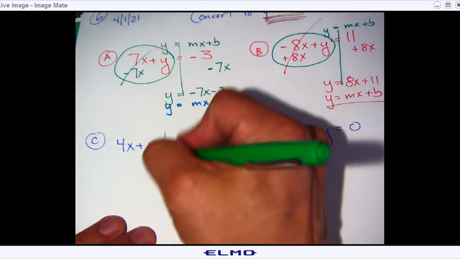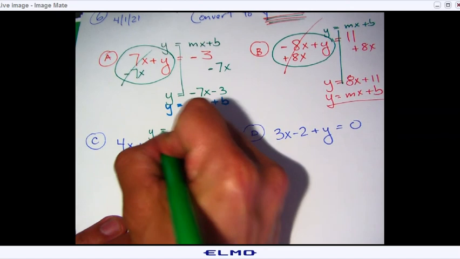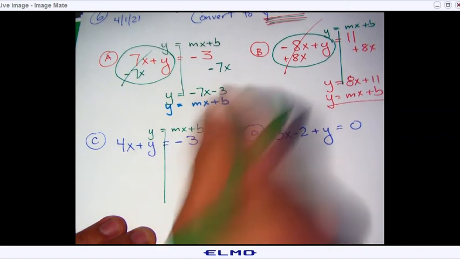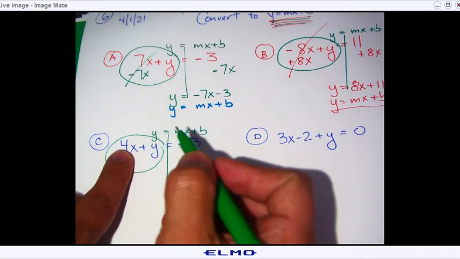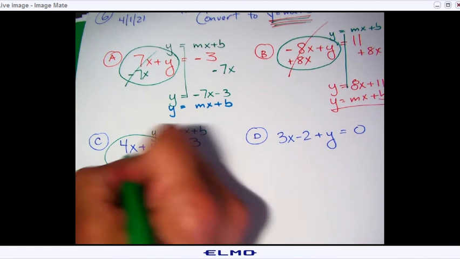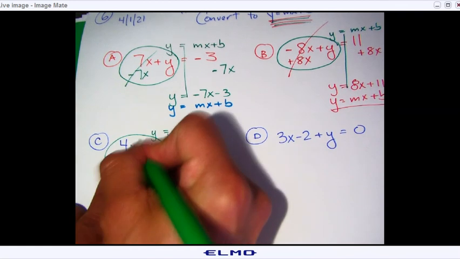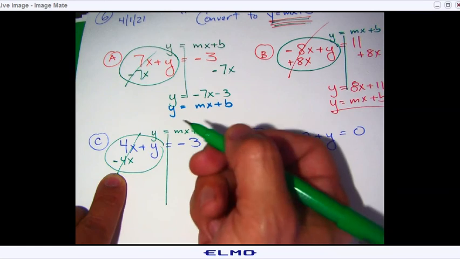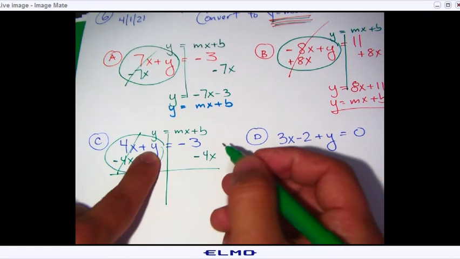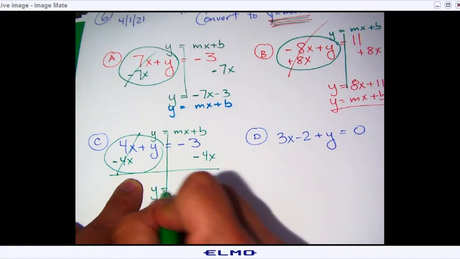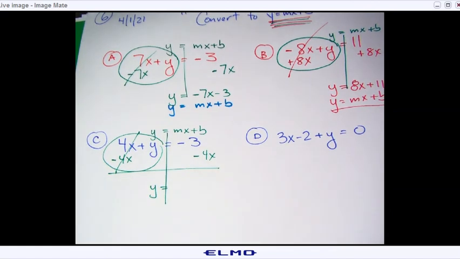So again, put a line, the balance, y equals mx plus b, because that's what we want, all right? And we want to get rid of the 4x, correct? So I'm going to take away 4x, or add a negative 4x on both sides. See that? So now the y comes down, and which one am I going to put first? The negative 3 or the negative 4x, or am I going to add those together?